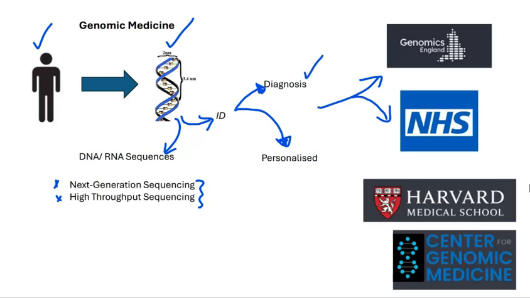This has actually been running for many years, but of course with these new technologies, the work can be greatly enhanced. And you can also take a look at the Center for Genomic Medicine, which I understand is a branch of the Harvard Medical School, and you can see the applications there of genomics in the treatment of disease, the diagnosis of the disease, and the creation of personalized medicine programs for individuals.